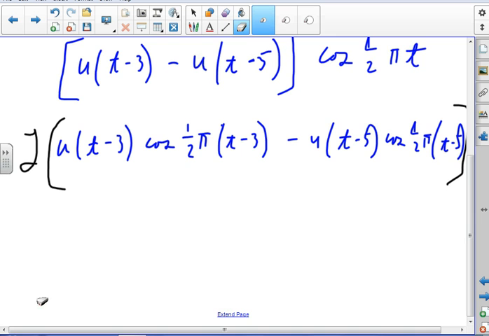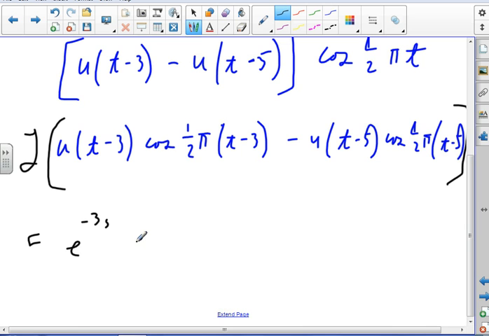I'm looking at the theorem on page 305, and I'm saying that's going to be e to the minus 3s times the Laplace transform of the remaining cosine term.